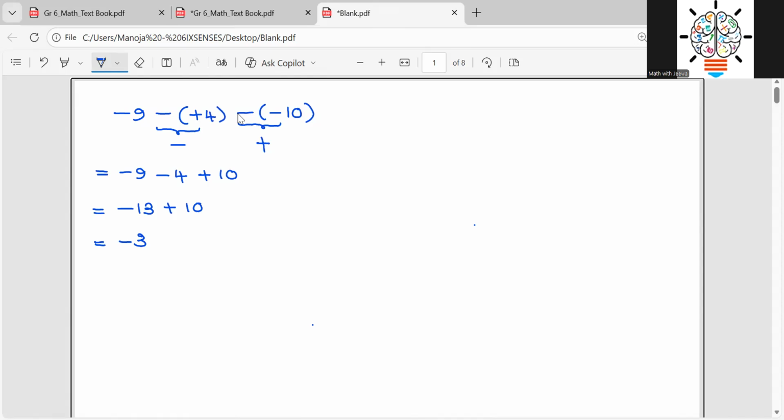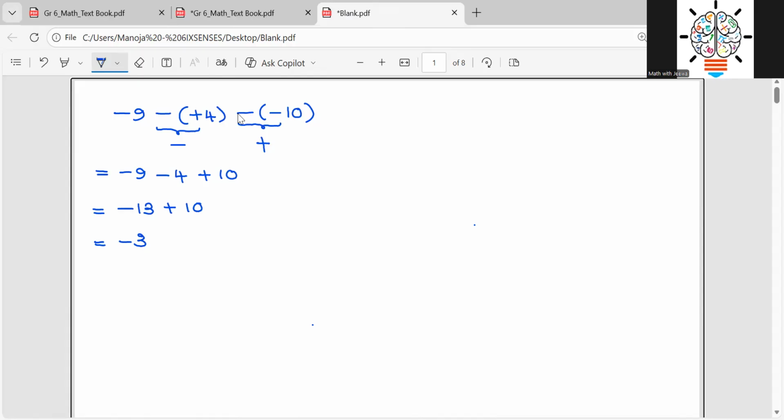If you come across the same signs, positive, positive, negative, negative, you add the numbers and use the common sign. If you come across different signs, positive, negative, negative, positive, then you get the difference of the numbers and use the sign of the higher digit. So that is what you do when you don't have multiplication or division.